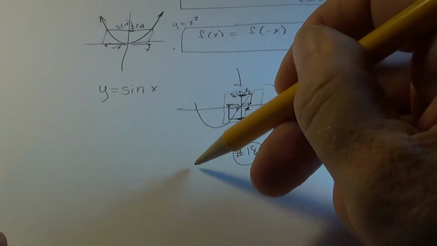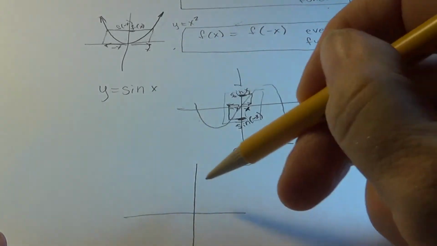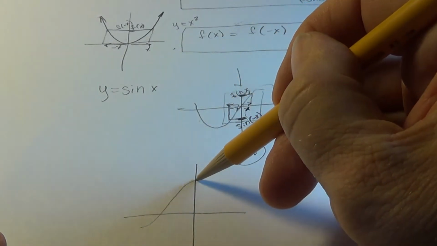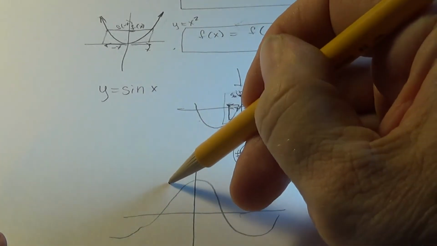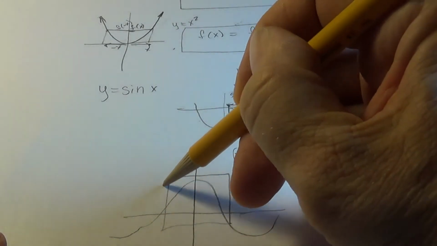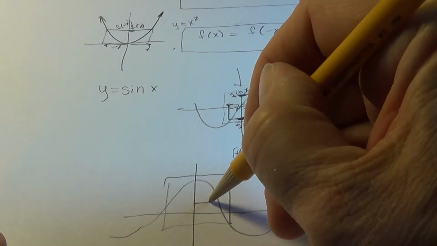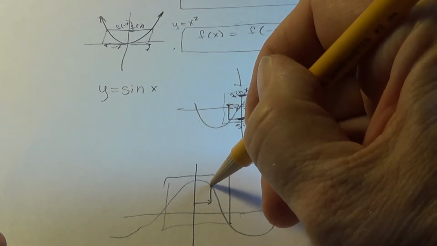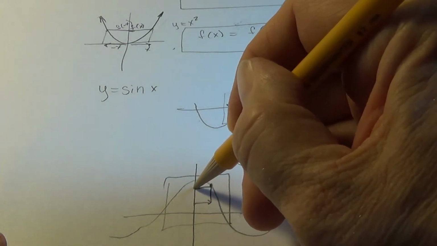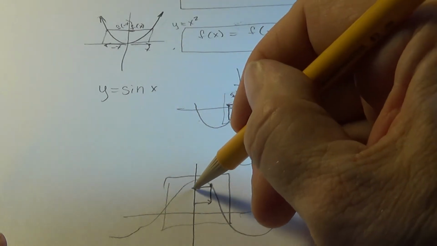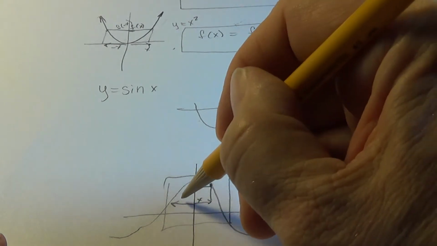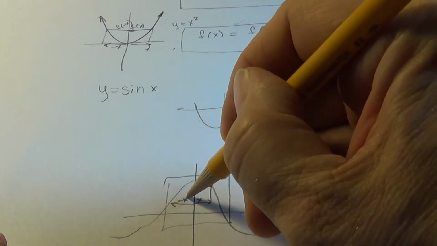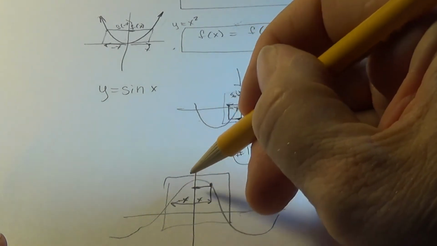So let's go on to the cosine function. So looking at that, around the origin, that's where we're going to check for whether it's even or odd. So if we go out x, we hit this value, and that's cosine of x, and if this is negative x, this is the same value going back, minus x.